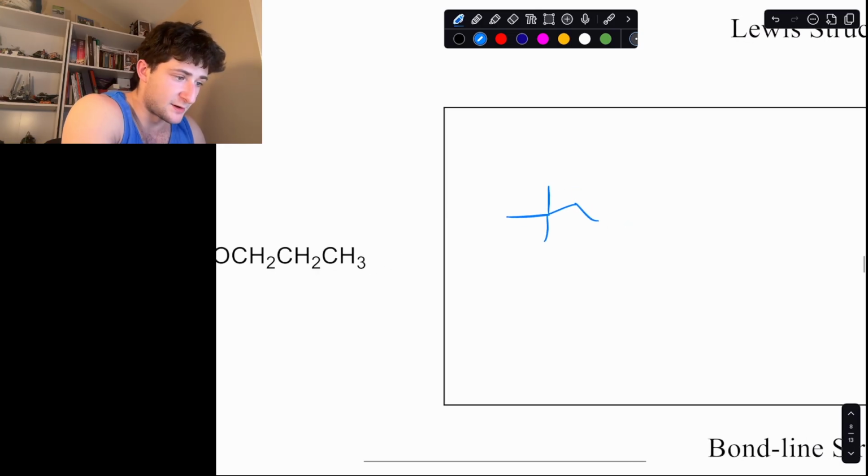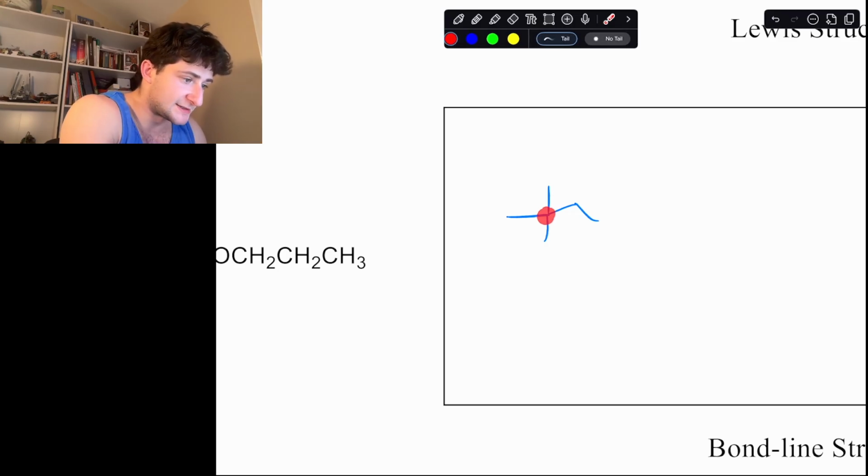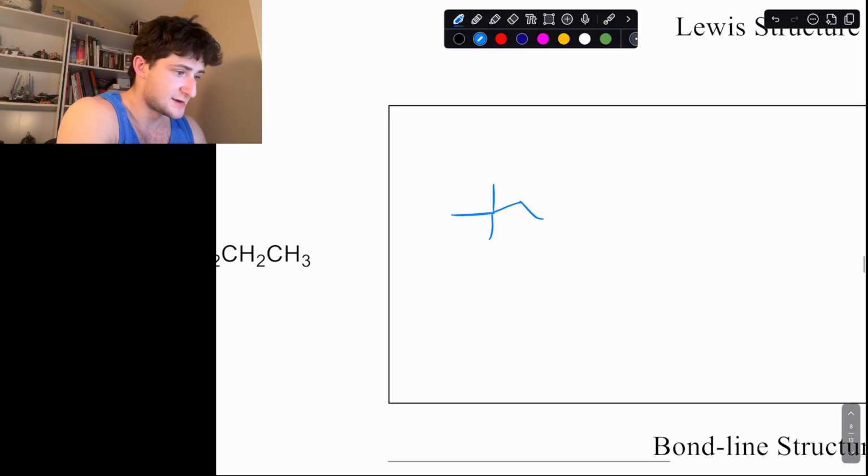So that's the carbon, that's the CH2. Sorry, pointing like you know what I'm talking about. That's the C, that's the CH2, because this has 2 bonds, meaning it's got 2 hydrogens, and this has 4 bonds, this one, so it's just a C.